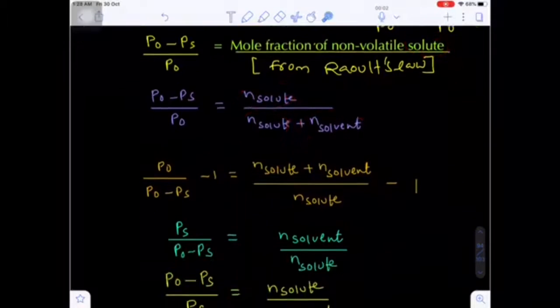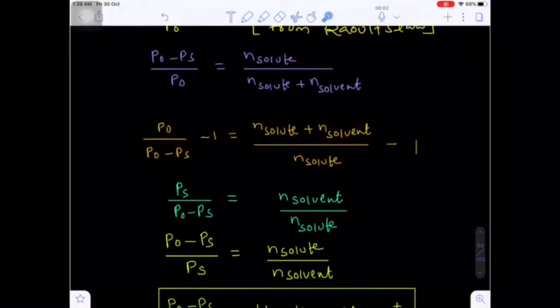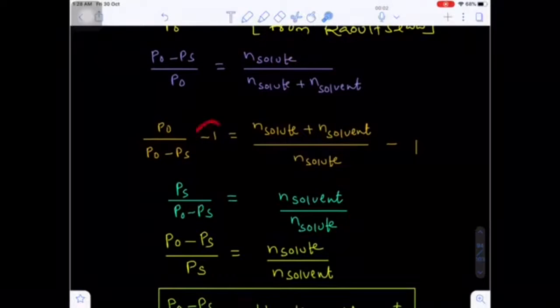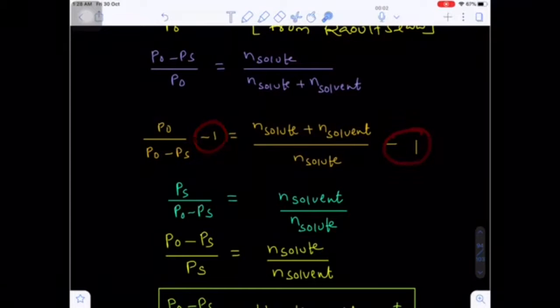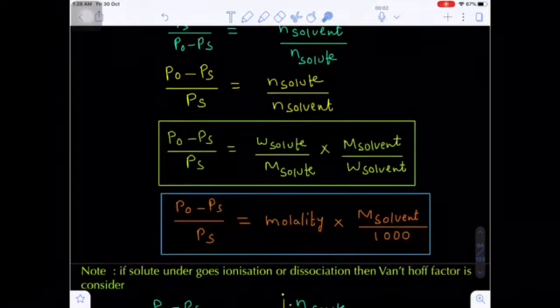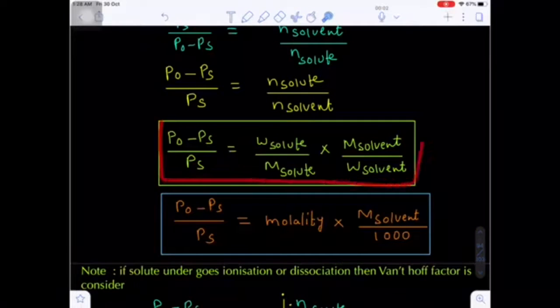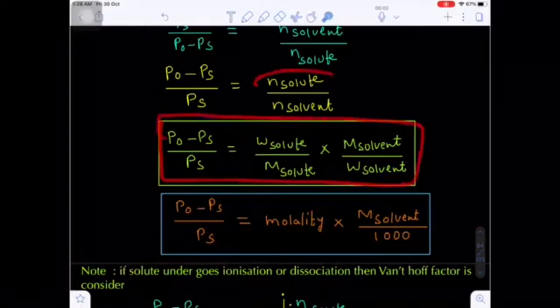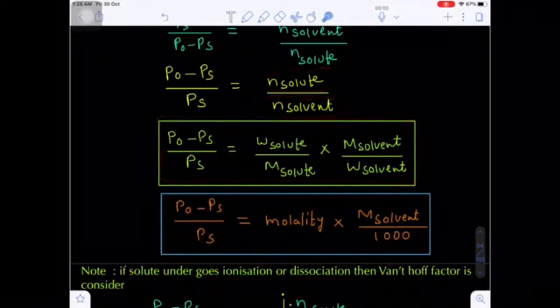Okay. Now what I am doing here is interchanging the numerator and denominator and subtracting 1 from both sides. After simplification, you will get a final formula: P0 minus Ps by Ps will be equal to the number of moles of the solute upon the number of moles of the solvent. This is very important. Remember, this is P0 minus Ps by Ps.